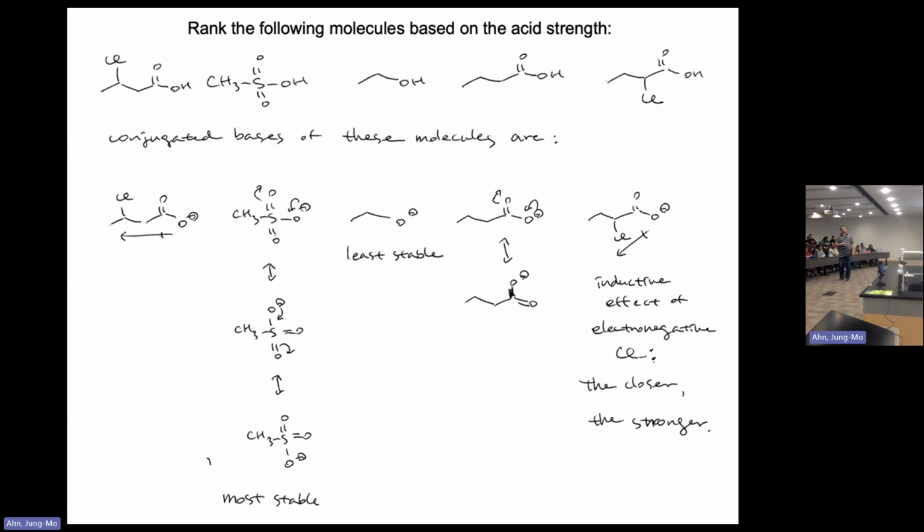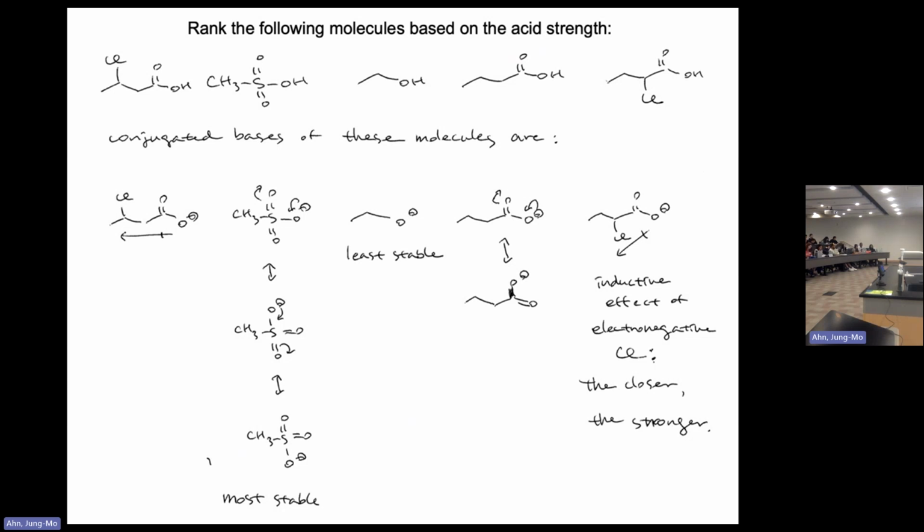What about this one? There's a chlorine too. So these 2 might seem to have the same acidity, but what matters is where the chlorine is. Chlorine is on this carbon right next to the carboxylate functional group. That other chlorine is further away. It's pulling electron density out too, but pulling from close proximity should be better than pulling from farther away.